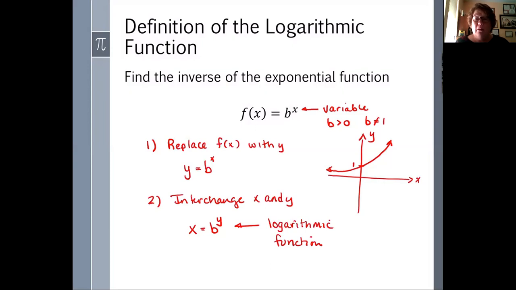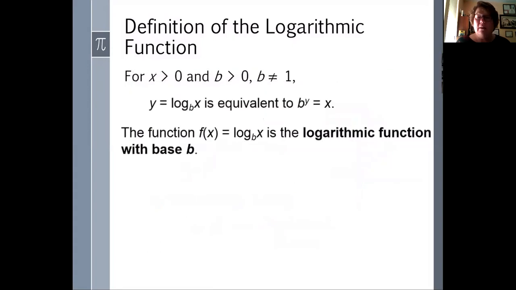So again, the logarithmic function, y is the exponent that you raise a base to get the value x. So the way we write this is as follows.